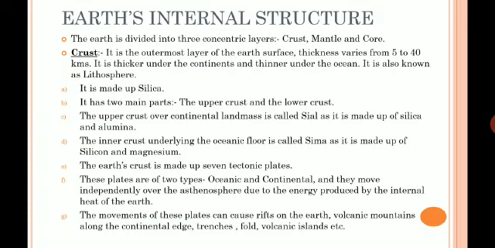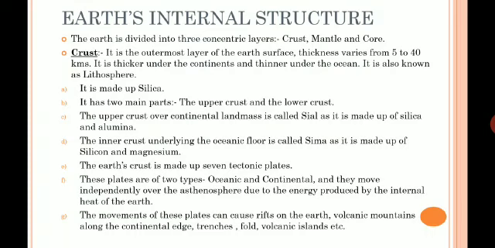It has two main parts: the upper crust and the lower crust. The upper crust is known as sial, and it is made up of silica and aluminium. The lower crust lies under the oceanic floor, and it is known as sima. It is made up of silicon and magnesium.